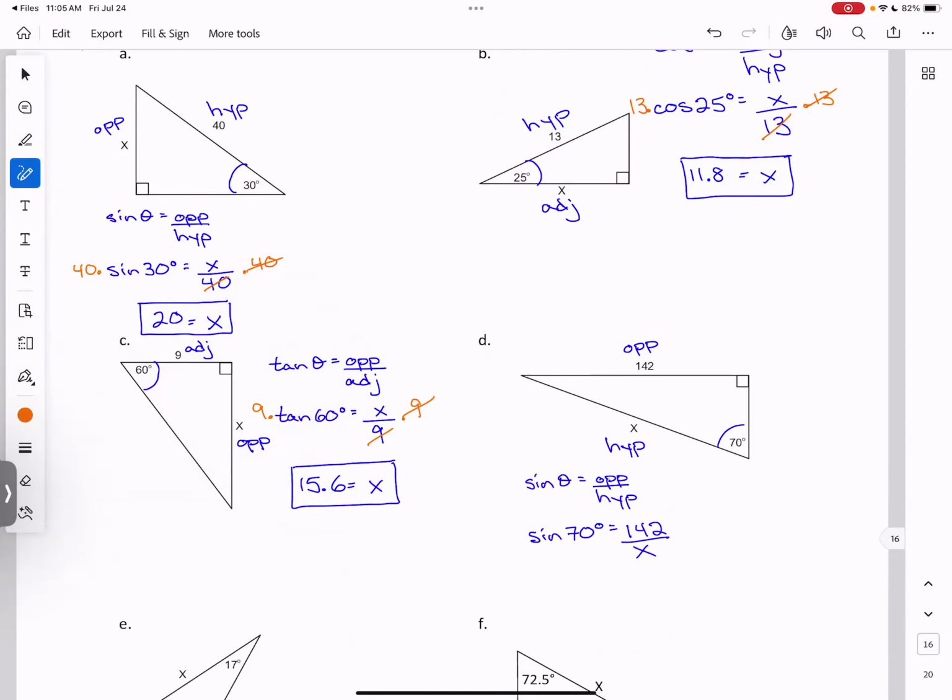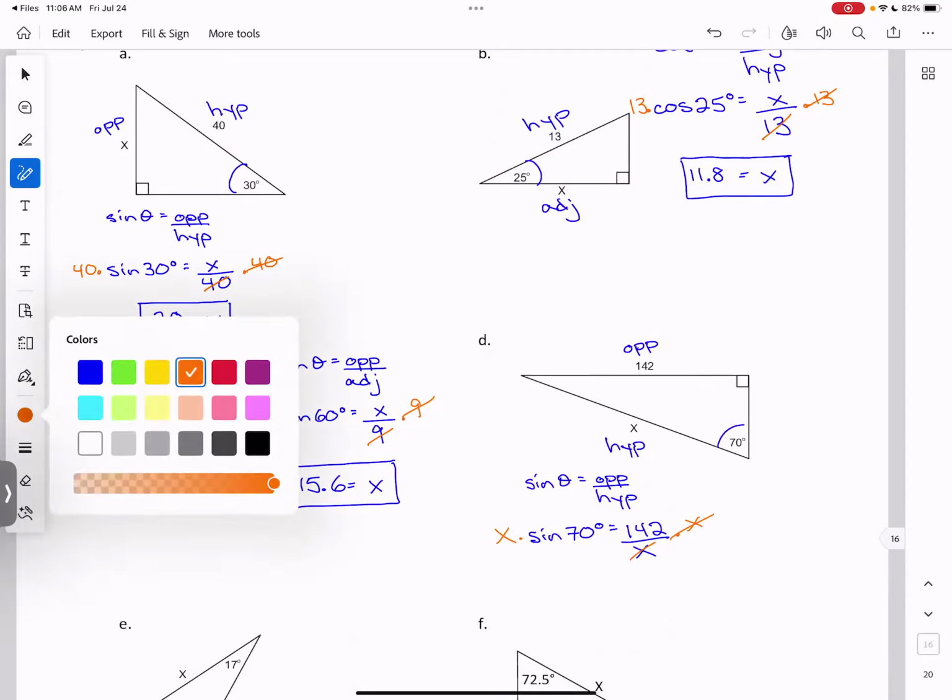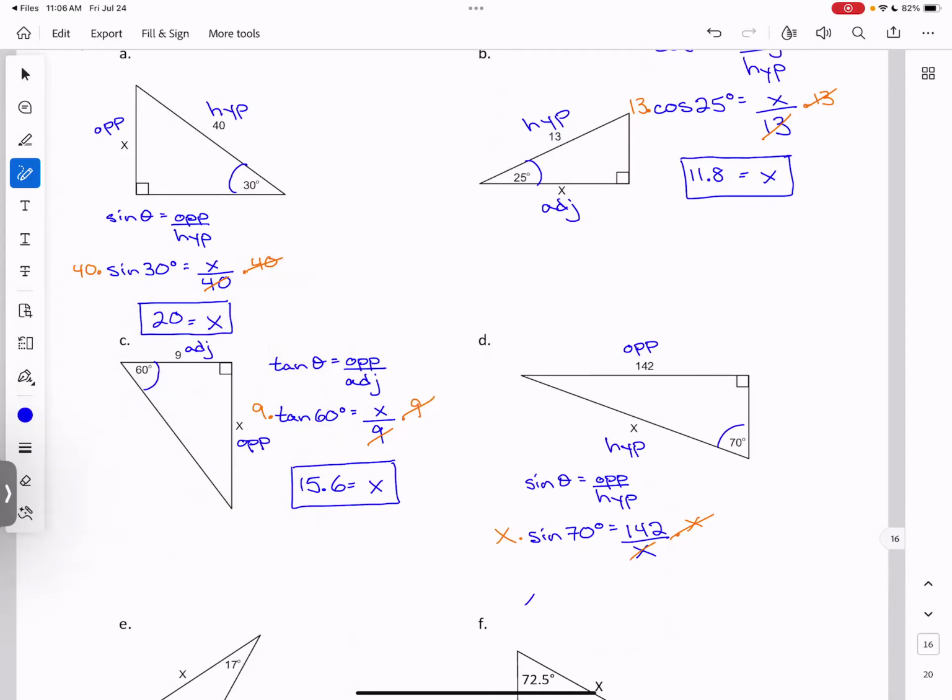So let's multiply both sides by x to get it out of our denominator. Okay, so now I've got x times sine 70 equals 142. And to isolate the x, now I'm going to divide both sides by sine 70.